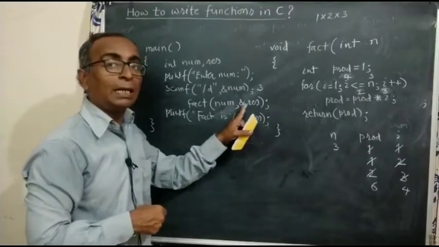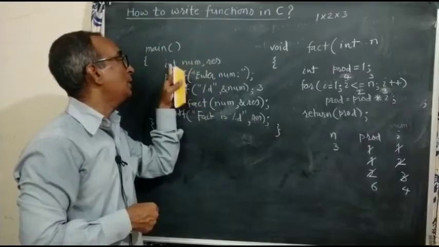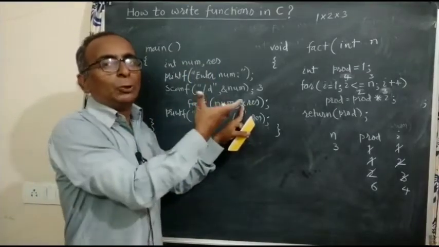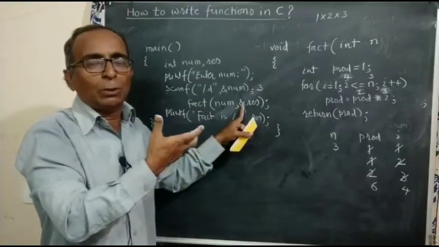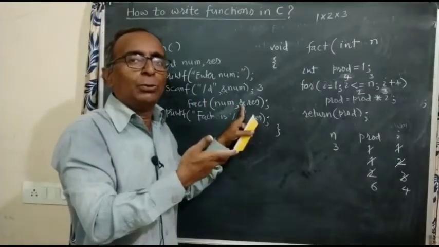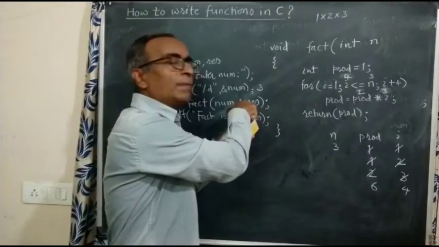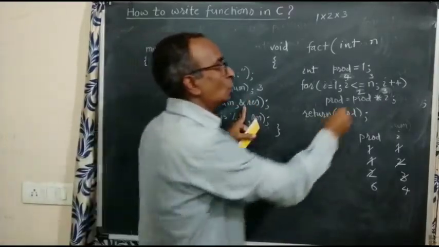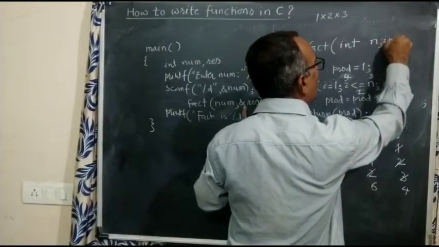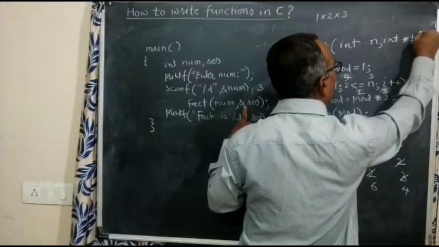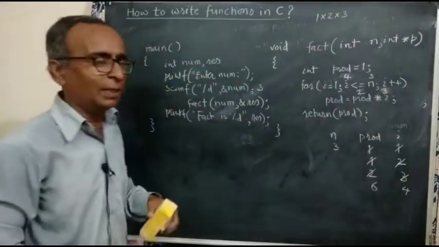This parameter is the address of an integer. For the address of an integer, the container should be a pointer variable, because what is a pointer variable? It stores an address. Now which address do we want to store? An integer's address. So what should the parameter be now? Int star. Suppose I am taking p here. These two parameters I am sending.